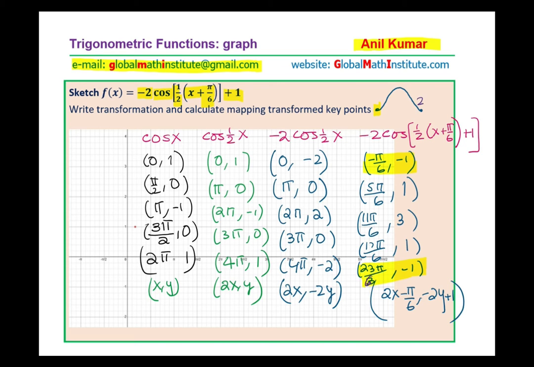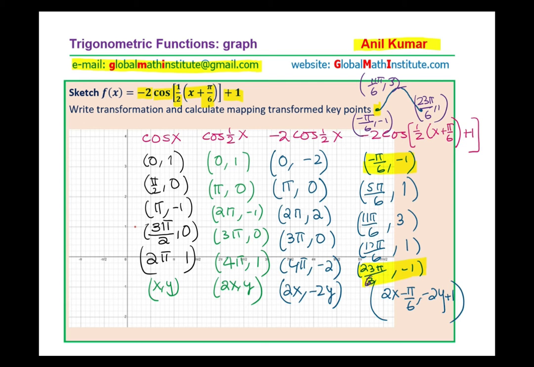The maximum value will be 11 pi by 6, 3. So that is going to be your graph. I hope you have understood the whole strategy, correct? So once you have the points, you can easily sketch the graph.